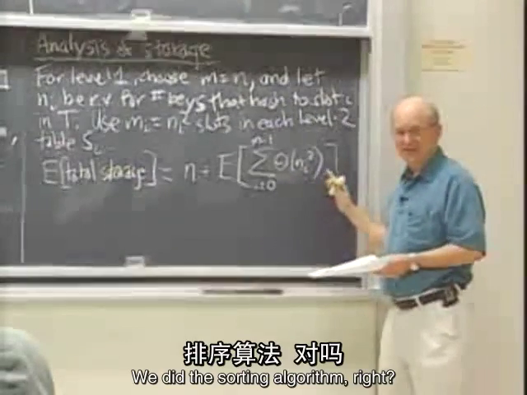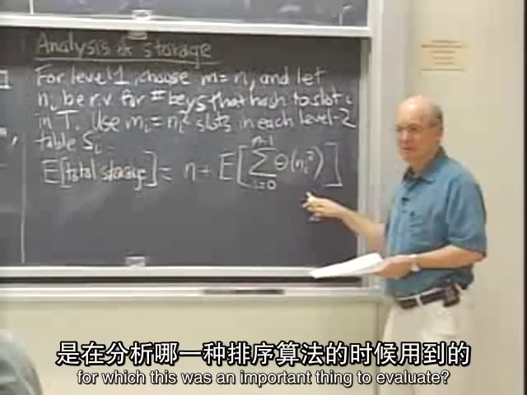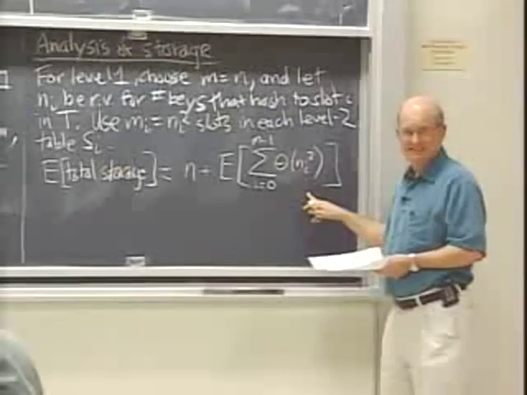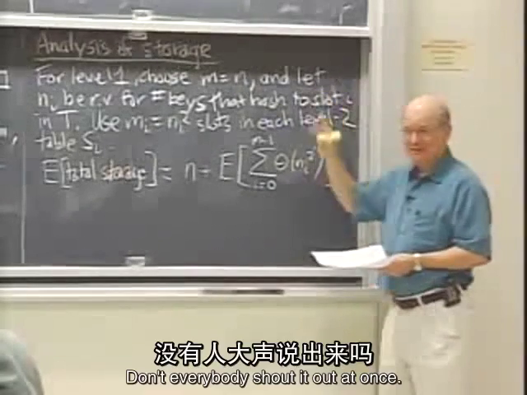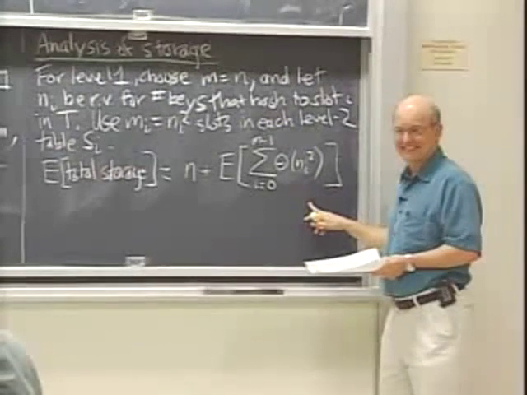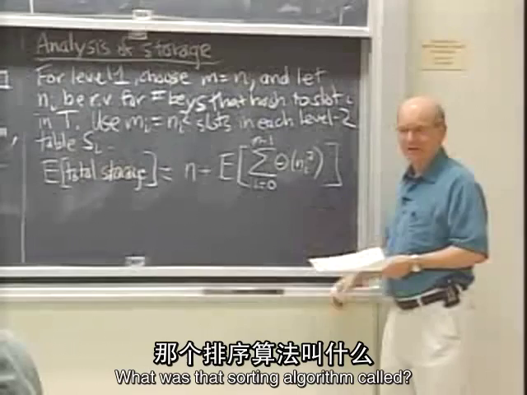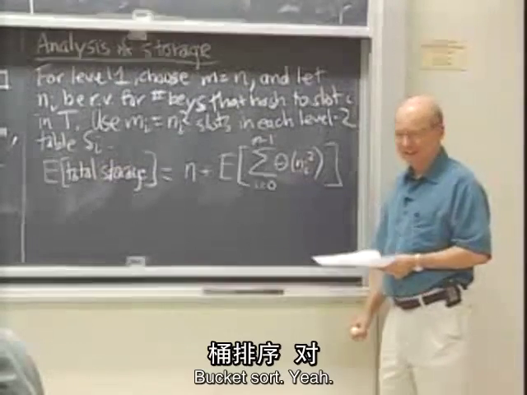We did a sorting algorithm, right? What was the sorting algorithm for which this was an important thing to evaluate? Don't everybody shout it out at once. What was that sorting algorithm called? Bucket sort. Good. Bucket sort.